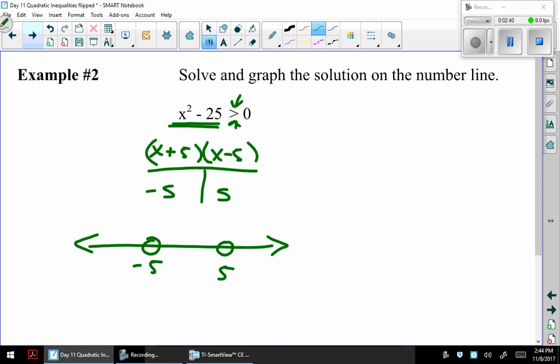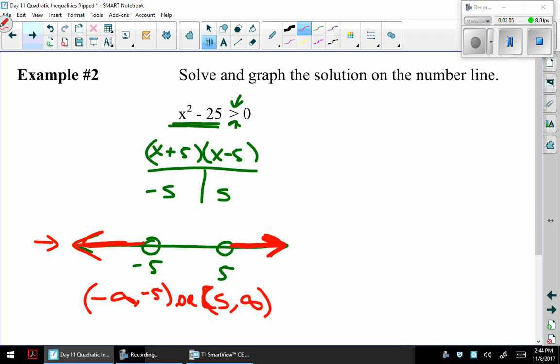No equal to, so those are my answers. So that's graphically your answer. If I want interval notation, negative infinity to negative 5, parenthesis, parenthesis, right? Or 5, that's a parenthesis, 5 to infinity. That's how easy it is on a number line.